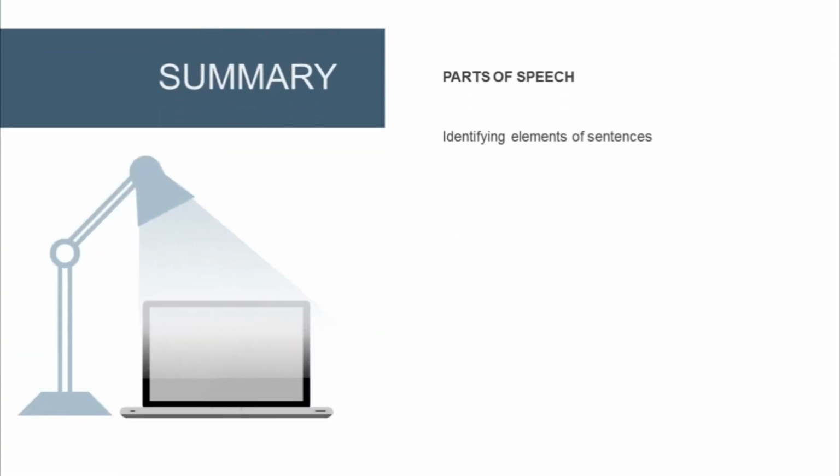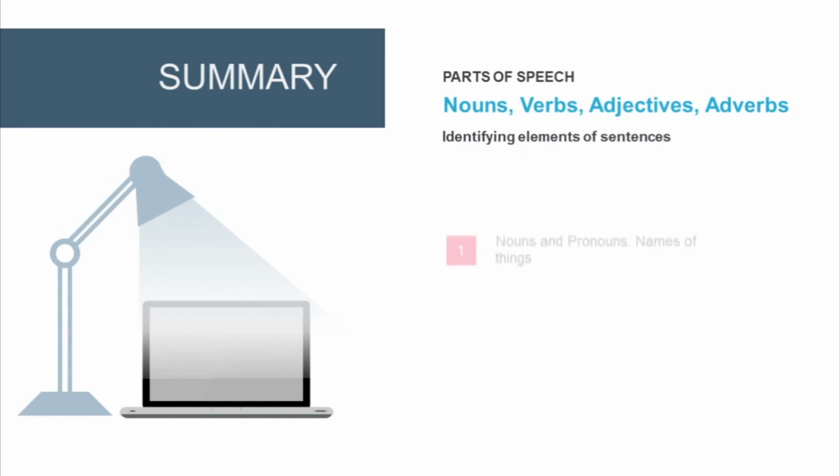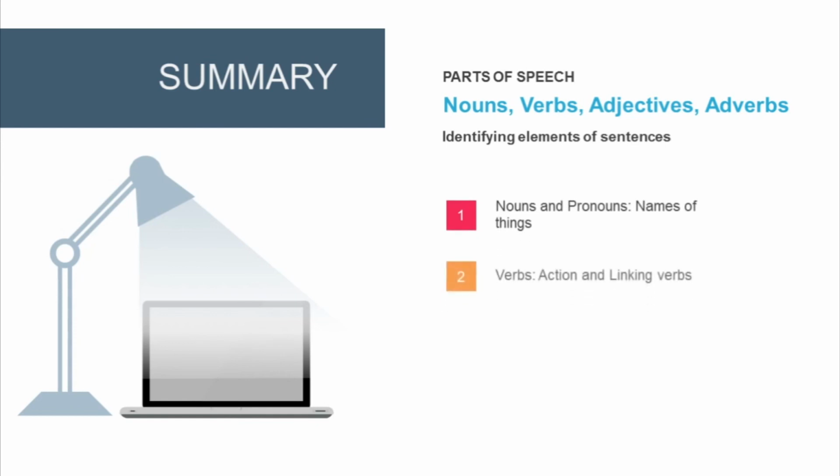So let us summarize what we have learned so far about parts of speech. We have talked about nouns, verbs, adjectives, and adverbs, and these are identifying elements of sentences. Nouns and pronouns are names of things, while verbs can be categorized as action or linking verbs.